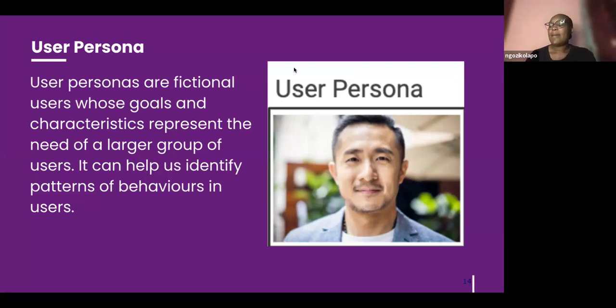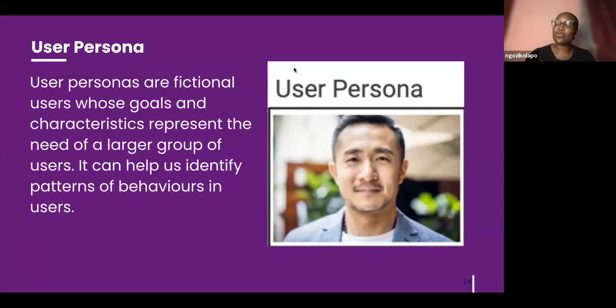So Elizabeth is my user, and I want to create a persona for that user because now I am building a product. I have come up with a problem statement, and Elizabeth is the one that has the problem. Elizabeth is facing this challenge.